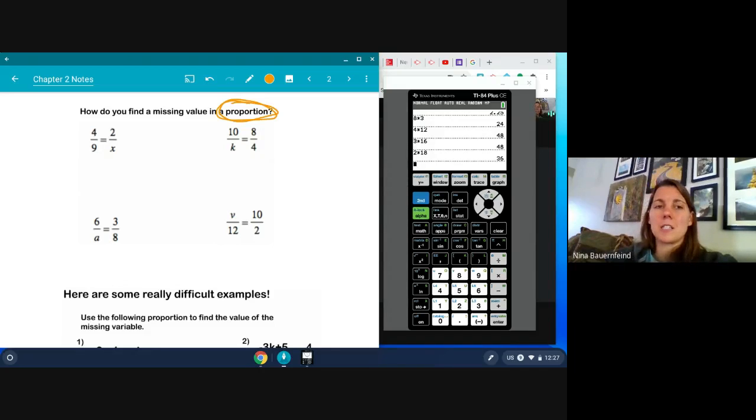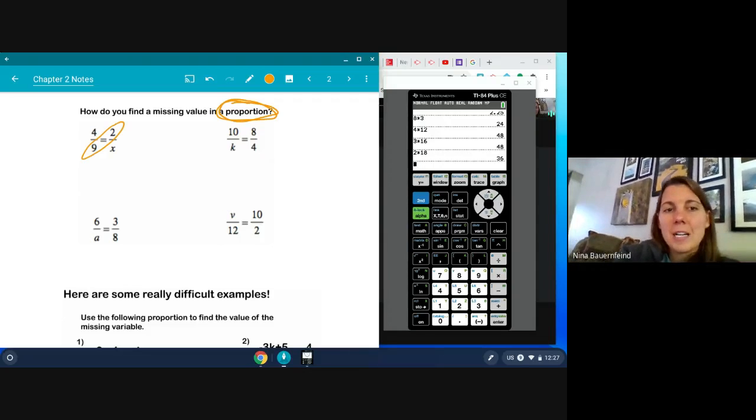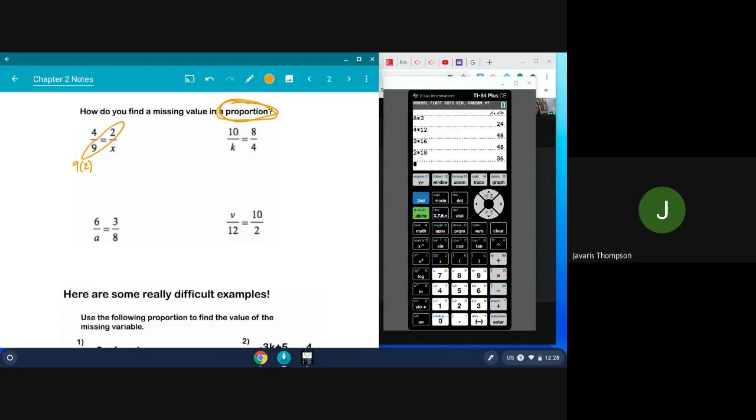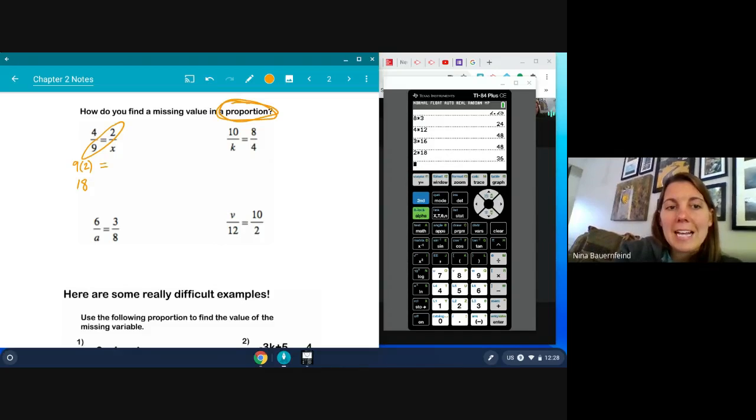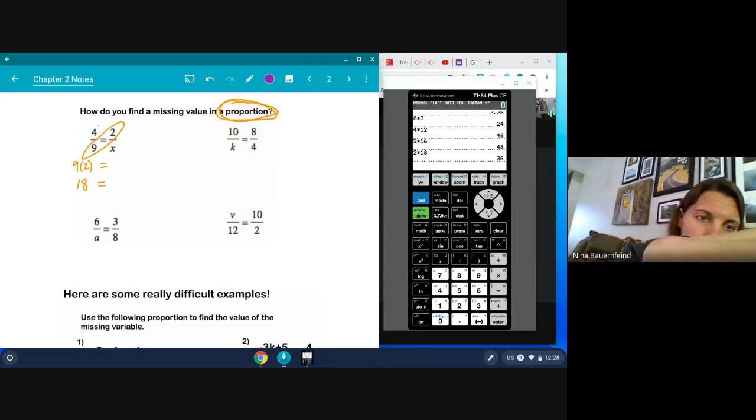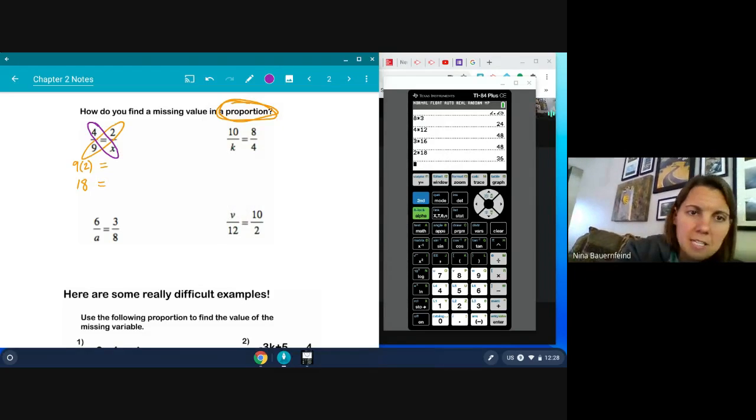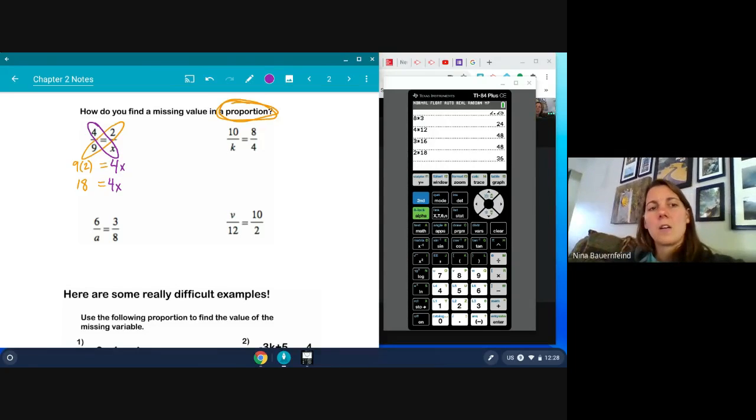What that means is we can take the loop and they need to be equal. So for example, this one, what is 9 times 2? 18. It has to be equal because it says it's a proportion to this loop, x times 4, which is just 4x. Well, if 18 is equal to 4x, how do we solve for x? How do we solve that equation?